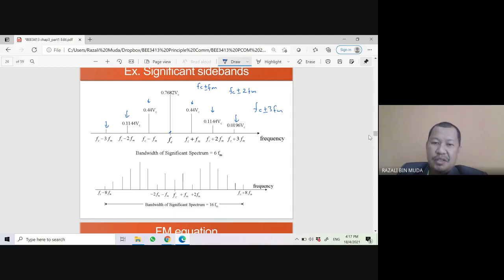This is 3 FM. So the bandwidth of the significant spectrum is equal to 6 FM, because 3 plus 3. We have FC here, this is 1, 2, 3, 4, 5, 6, 7, 8: FC plus 8 FM.